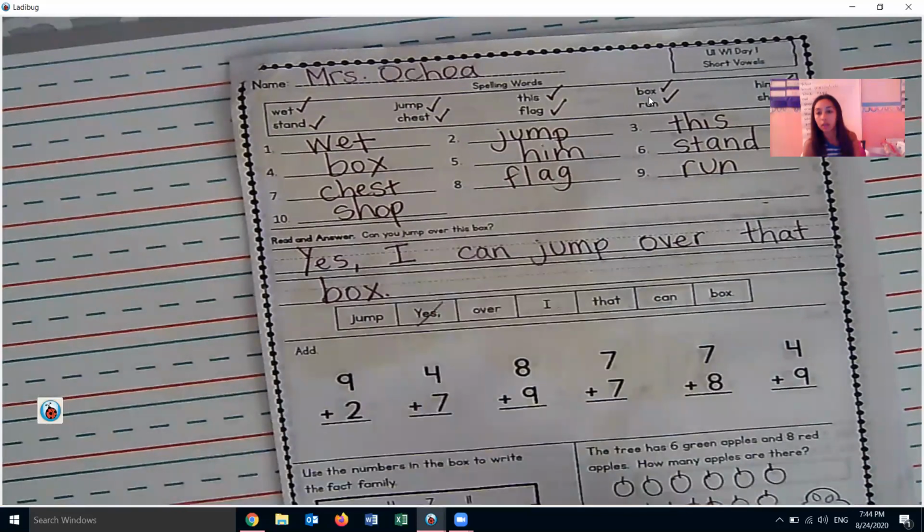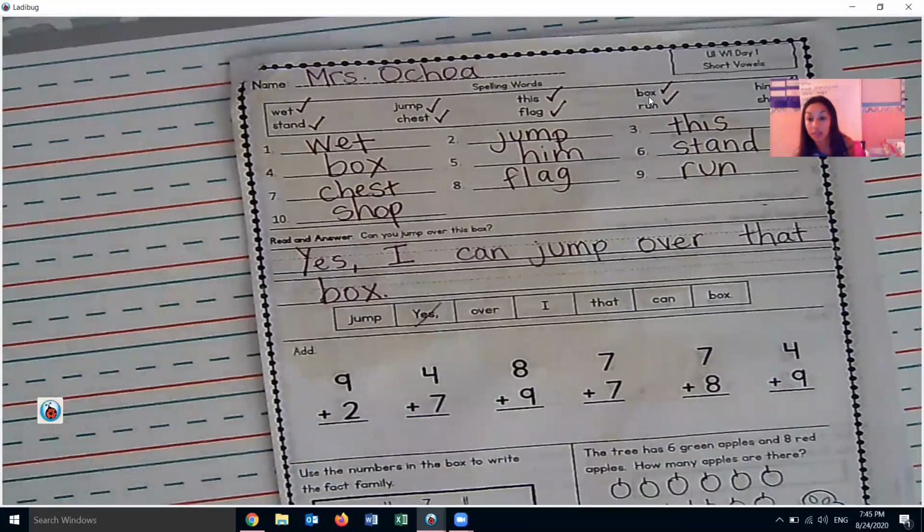Kind of think about it in a way that the person doesn't know the question, and if you're answering it, answer it in a way that if they didn't hear the question and they just hear your answer, can they understand it? Because if you say, for example, can you jump over this box? And you just hear, yes, I can. Yes, I can what? So you're not really sure.